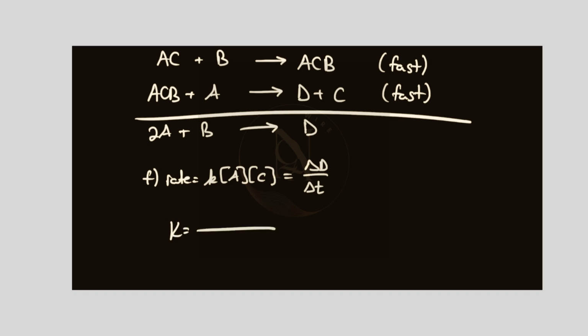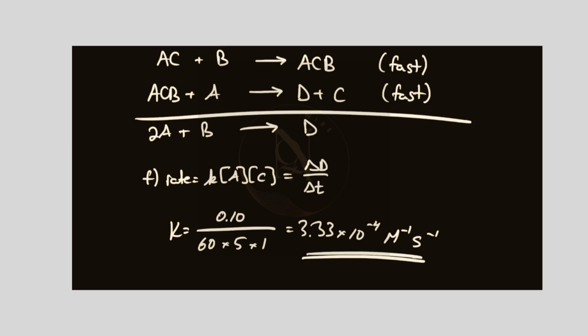Therefore, k is equal to 0.10 over 60 times 5 times 1, which is equal to 3.33 times 10 to the negative 4. Putting the correct units here: molarity minus 1, seconds minus 1. And there is our rate constant.